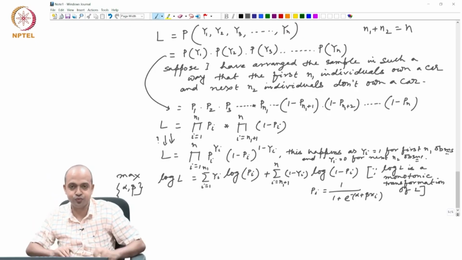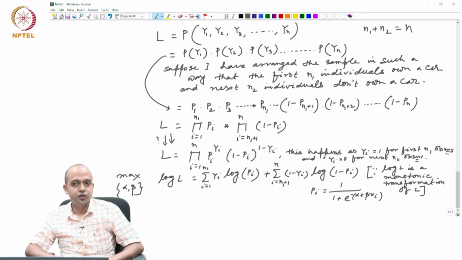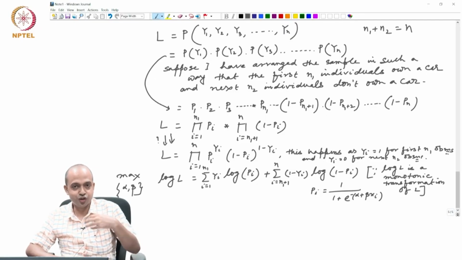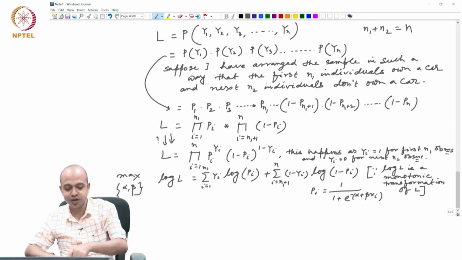This is the mechanism of maximum likelihood estimates for estimating the logit model. Instead of minimizing the errors summation ui hat square, we are actually maximizing log L with respect to alpha and beta.